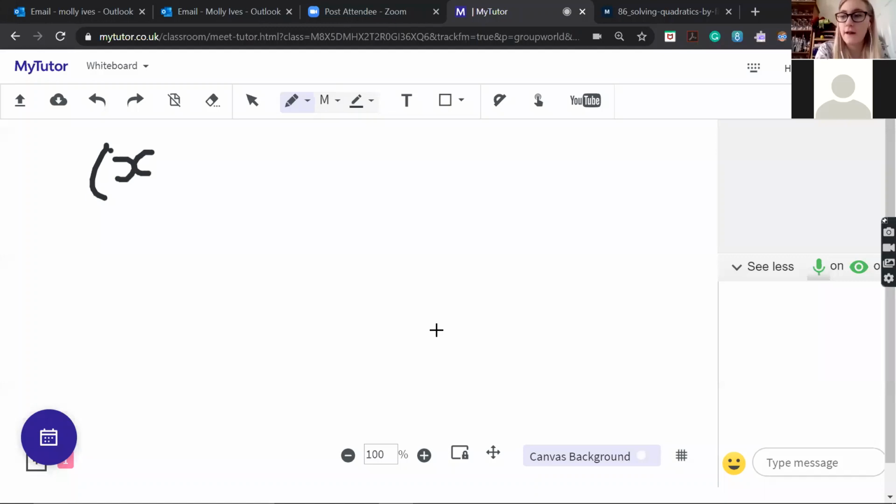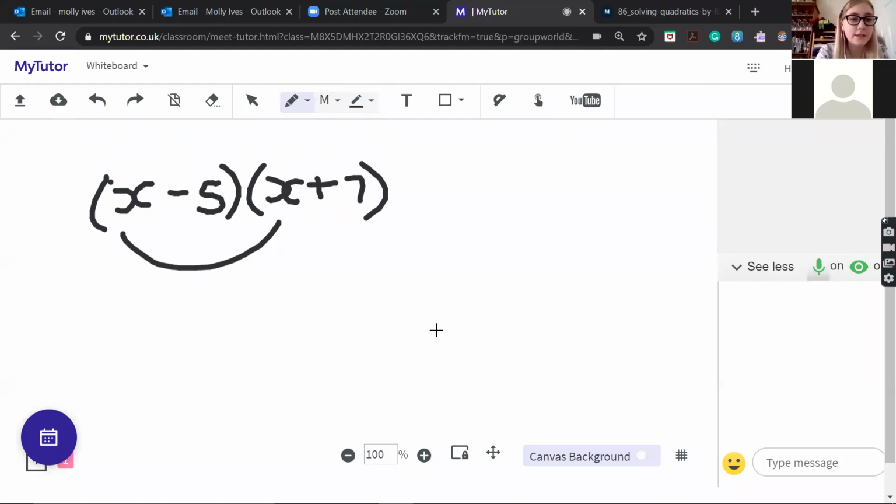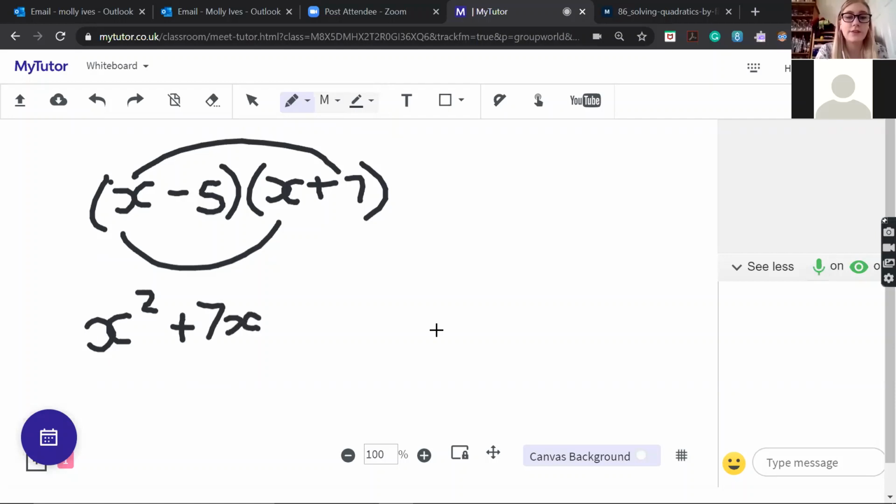So let's say we have x minus 5, x plus 7. So this one, we've got a minus, so we've got to be real careful with that. So we'll do the same thing again. We'll do this FOIL method. So first, x times x, x squared. O, outer, x times 7, plus 7x. Inner, now this is minus 5 times x. So this is a minus 5x.